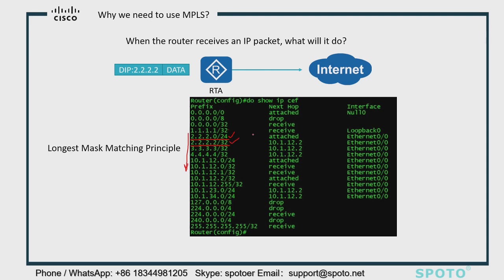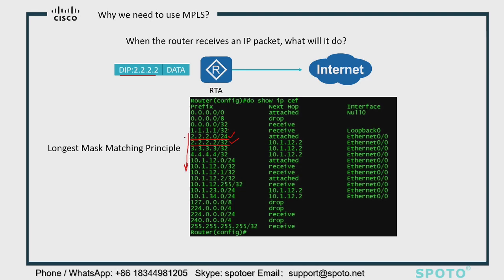This one can also match the destination address, and we need to continue the search. Is this one? No, no, no. We will find all the remaining entries cannot match. So according to this routing table, two entries can match the destination address 2.2.2.2, and which one will the router forward it according to?